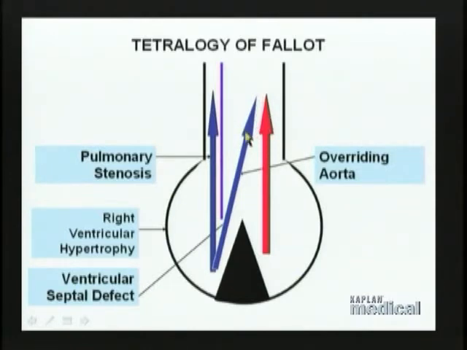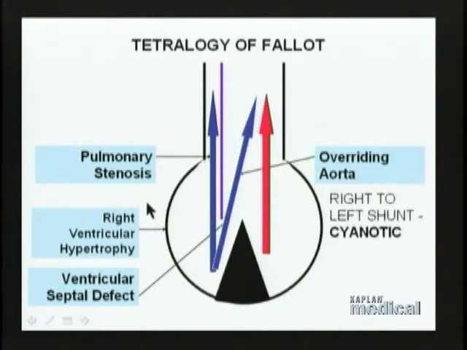So both deoxygenated and oxygenated blood is getting into the aorta. That indeed is a right to left shunt, and we've already said that right to left shunts are cyanotic, so the presence of deoxygenated blood in the systemic circulation will indeed result in cyanosis. So that's the most common of the cyanotic defects, and as we said, it is a defect in the position of where the aorticopulmonary septum forms.